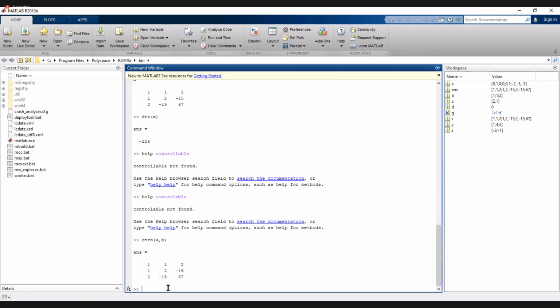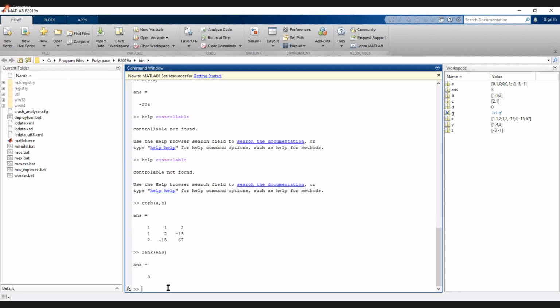Okay, I thought it was going to give you the determinant of the matrix. Now, one other thing. Type in rank of the answer that you get. It's supposed to give you 3.